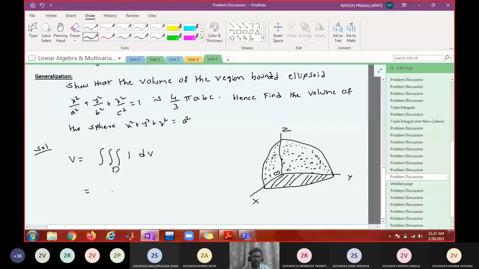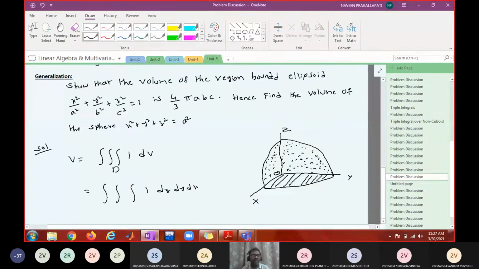If you are taking the entire ellipsoid, then that is going to be dz dy dx.